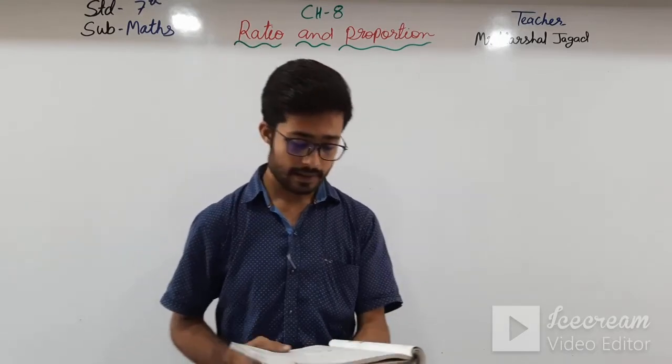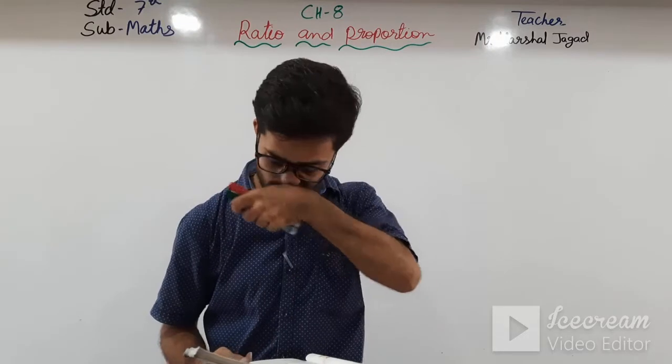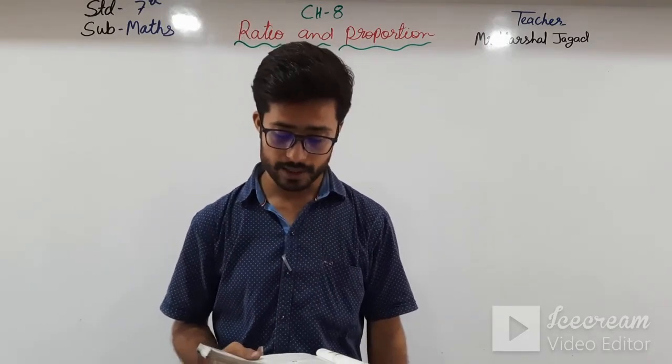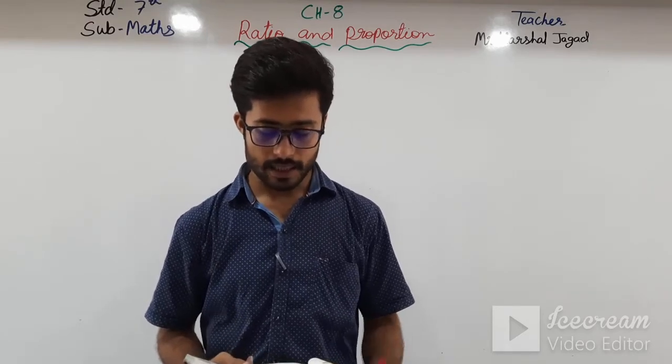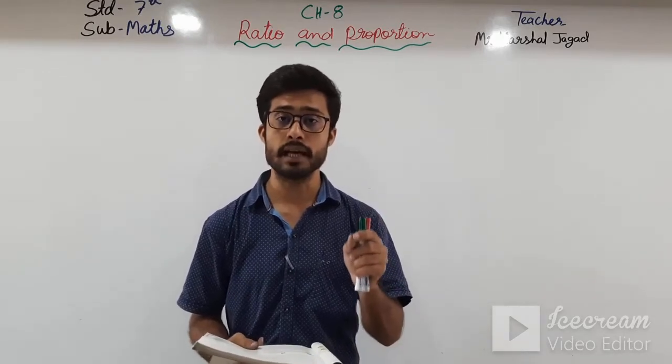On expressing two ratios as fractions, if the numerator and the denominator of one ratio can be obtained by multiplying the numerator and denominator of the other ratio by the same number, then the two ratios are said to be equivalent.